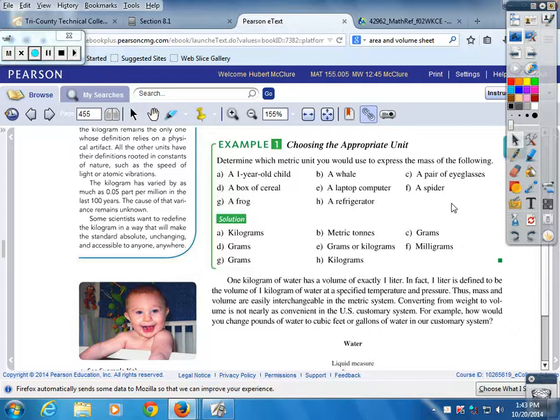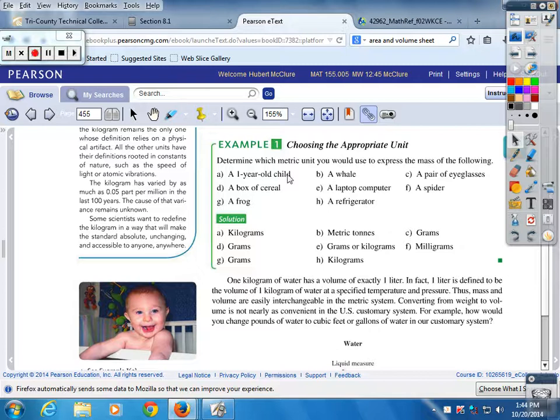Make sure you understand what that means. I don't think we're going to measure a whale in milligrams. What are you going to measure a whale in? Kilograms, or metric tons. Most of the time kilograms, because some people don't even know what a metric ton is. But most people say kilograms, but that's okay.